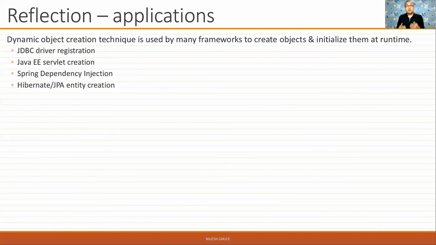Not only that, but typically your JPA entities, which might be internally using Hibernate or EclipseLink, all JPA entities which are loaded at runtime, are initialized by the JPA provider by using a similar sort of technique. This knowledge will help you to understand those advanced frameworks in a better way.